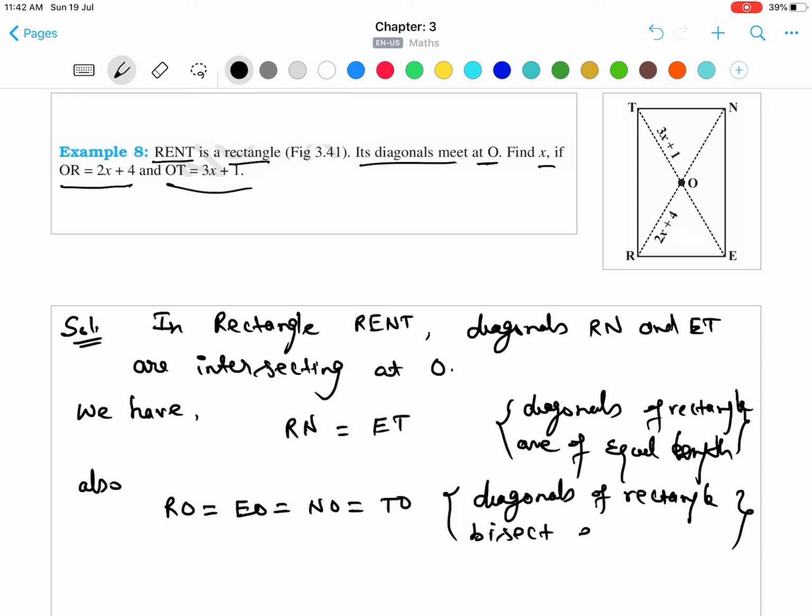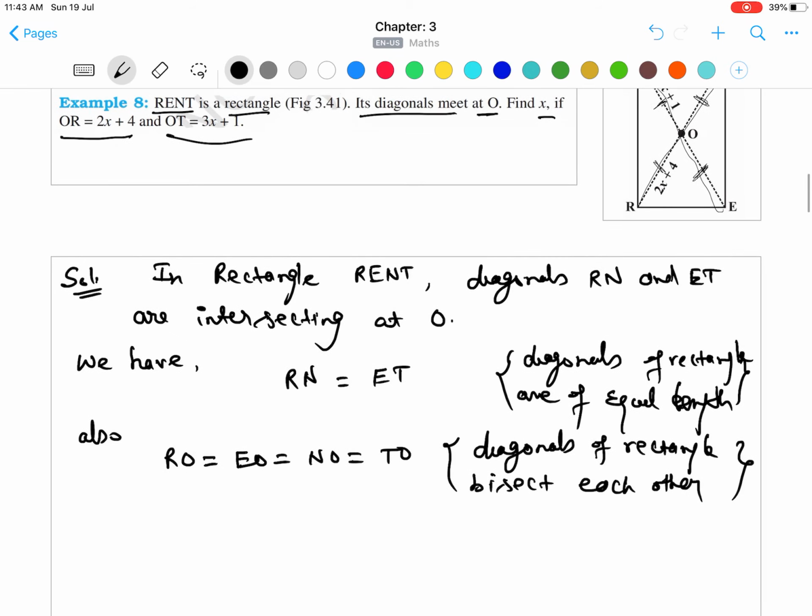Bisect means divided in equal halves. So since these diagonals RN and ET are equal and they are bisecting each other, this portion of the line will be equals to this portion and this portion of the line will be equals to this portion. So all of them are equal.